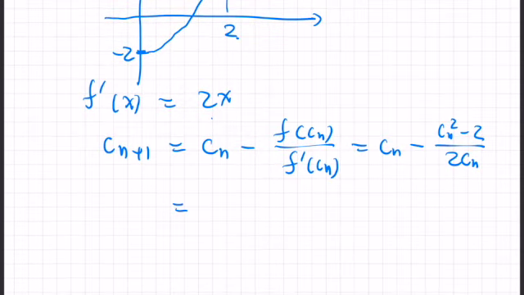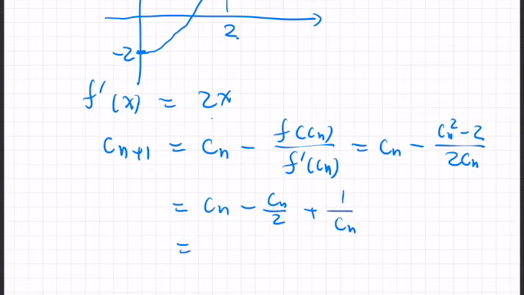If you simplify this, Cn minus Cn over 2 plus 2 over 2Cn, which is 1 over Cn.